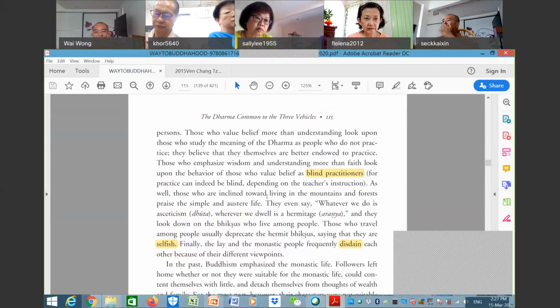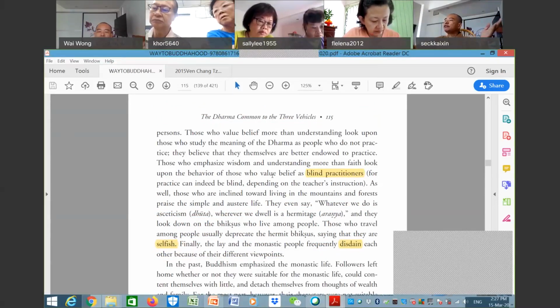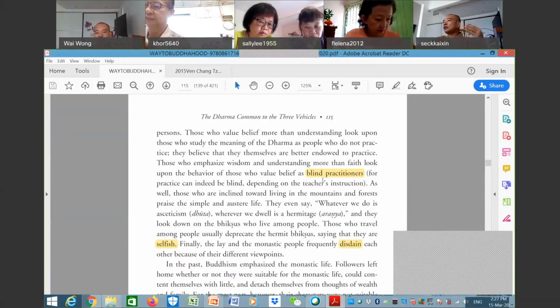All right. Well, one may criticize. Maybe the faith-type people, the understanding-oriented people, used to comment that the faith-type people are more blind practitioners. But vice versa, how should I put it?